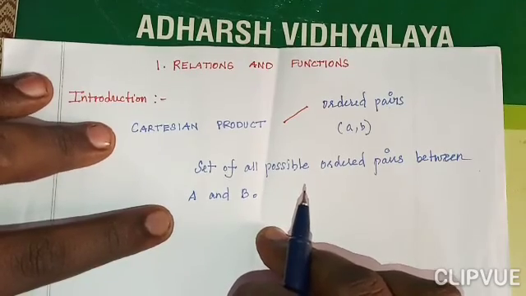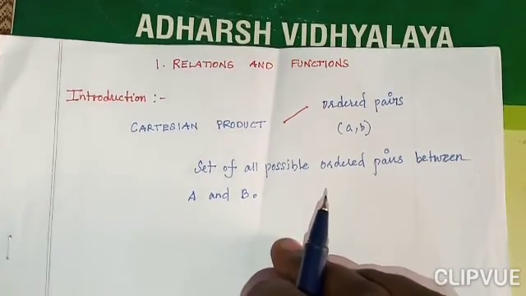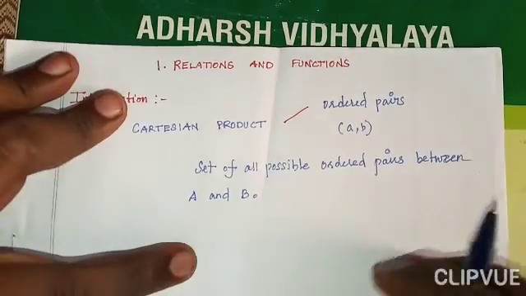You know, an empty set means there is no element. So the opposite, non-empty, means it contains some elements. This is the concept.